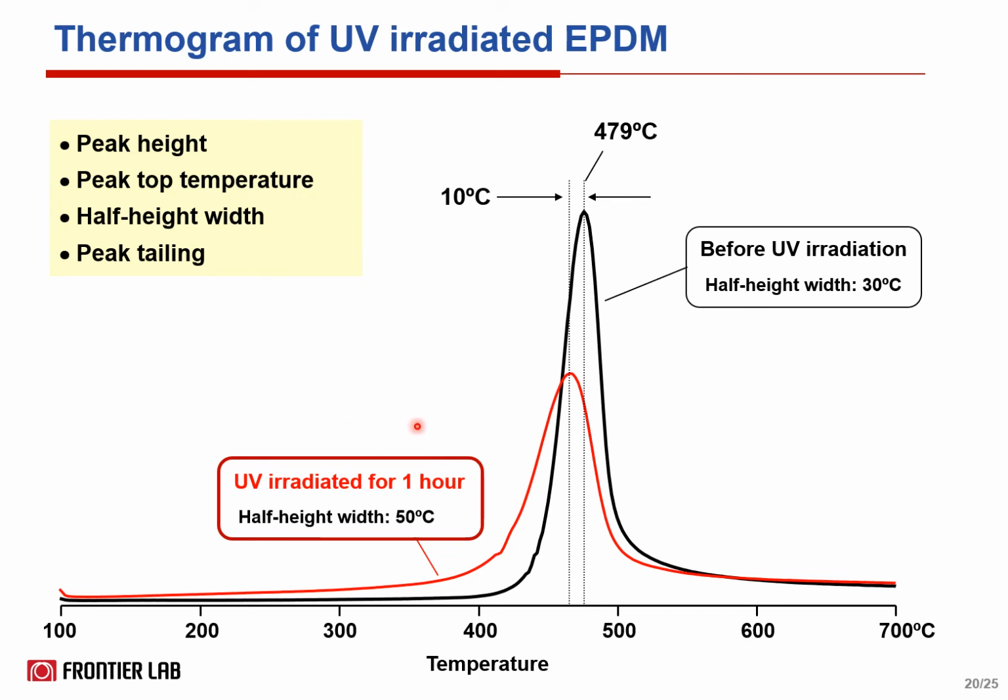After 1 hour UV irradiation, the peak height decreased and peak top temperature shifted lower temperatures by 10 degrees C, and the half height width increased from 30 degrees to 50 degrees C.